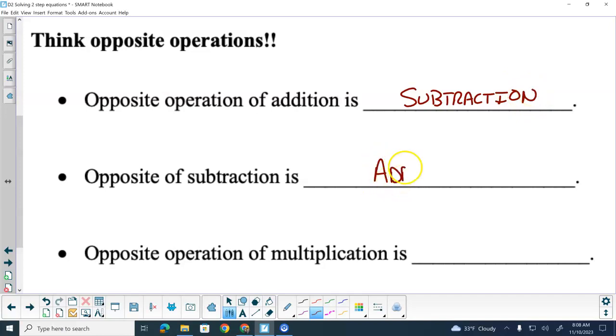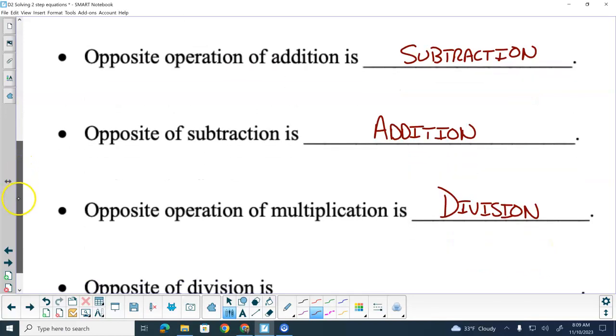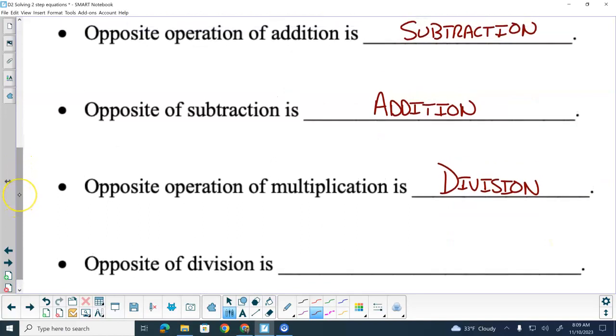Addition. Opposite of multiplication. Division. Opposite of division is multiplication. Yes.